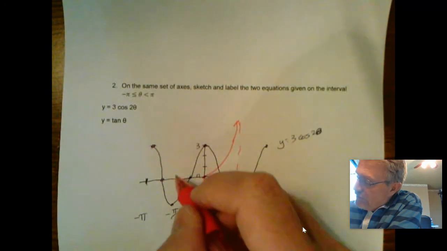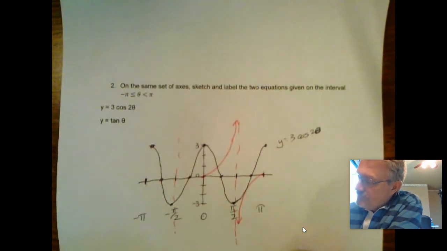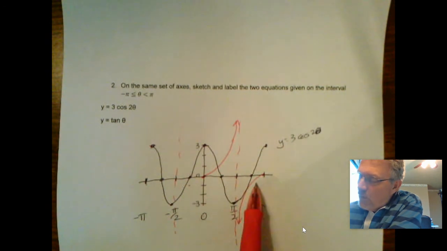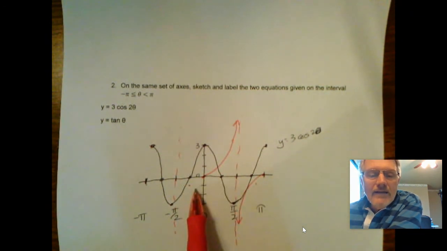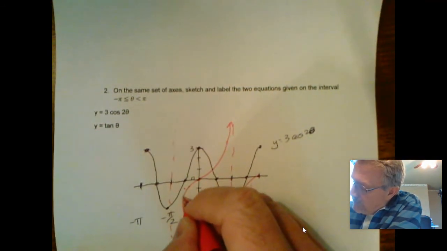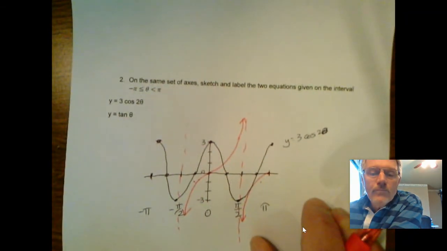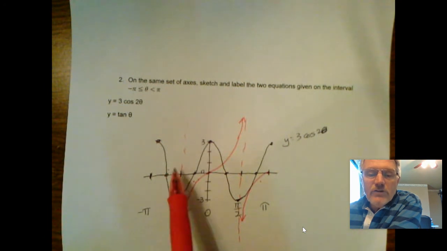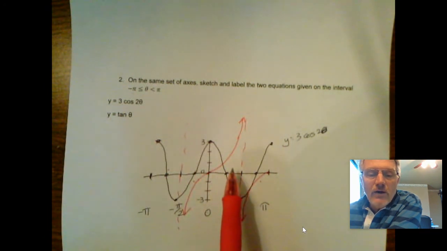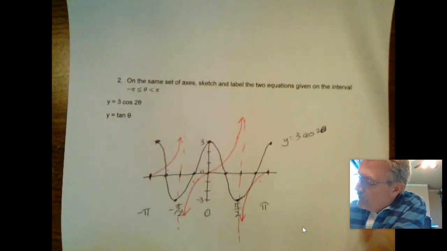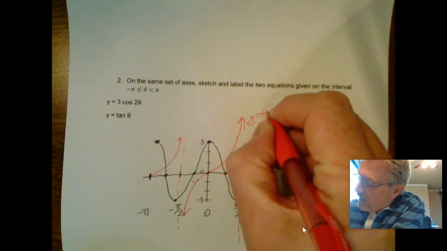And now I need to redo that, remembering that it's cyclical. So every other quadrant looks the same. So I need a graph here that looks just like this one. And I need a graph between negative pi and negative pi over 2 that looks just like from 0 to pi over 2. So that one is y equals tan x.